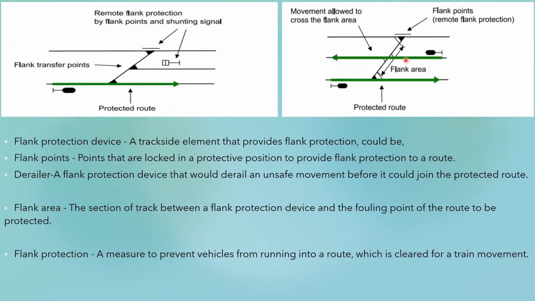So it's allowed by the signaling system for a train on the shunting line to move parallel to the main line. But here, if any train comes from this side, the flank point will protect the main line from this unauthorized movement.